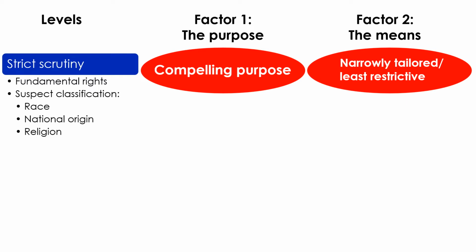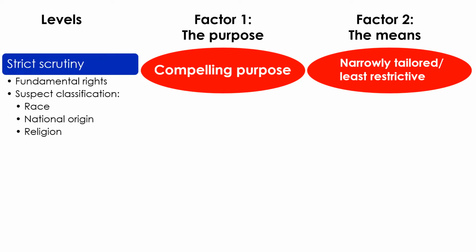Those fundamental rights are specifically identified in the Constitution, especially in the Bill of Rights, or under due process. Laws, statutes, and policies encroaching on a fundamental right generally must pass strict scrutiny to be upheld as constitutional.